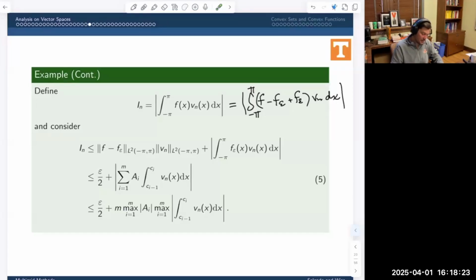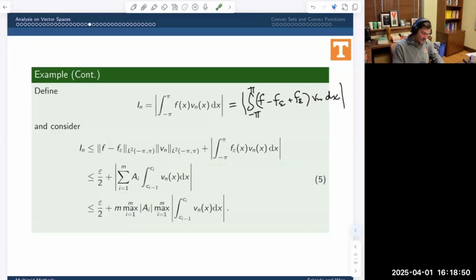Okay, triangle inequality first, Cauchy-Schwarz second. So if I apply Cauchy-Schwarz to the first part that comes out, that is this times that, then this is what I get. Okay, L2 norm of the difference, f minus f epsilon, times Vn, both in norm, and then plus this integral here, which doesn't look like a nice integral.